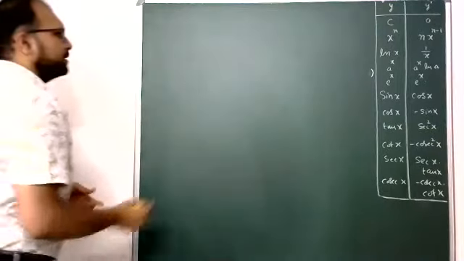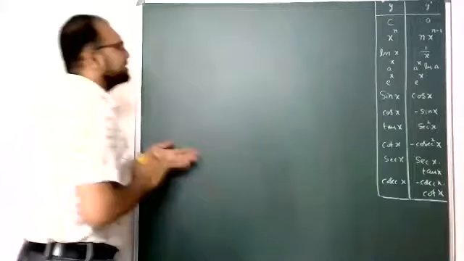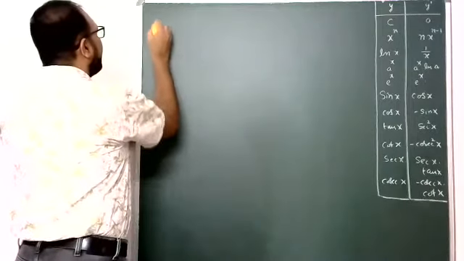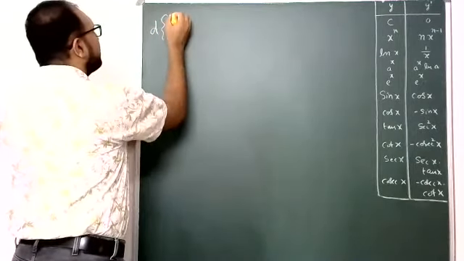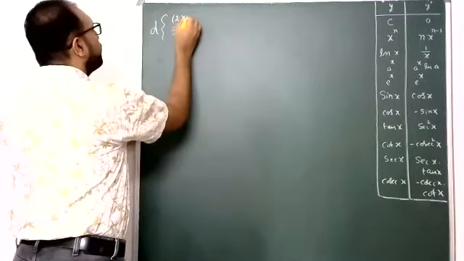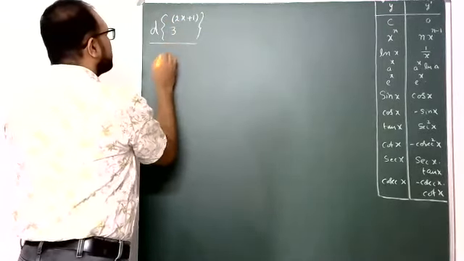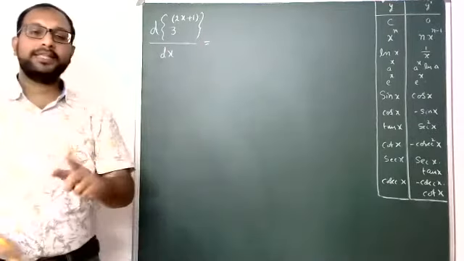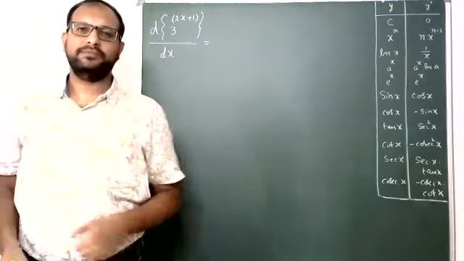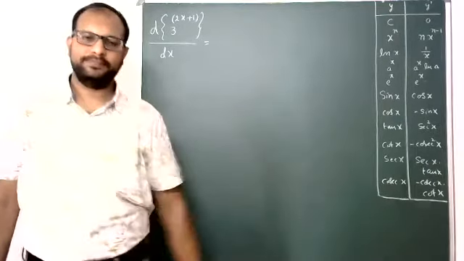Yes, so students, now a to the power of x also an example. Derivative of 3 to the power of 2x plus 1 with respect to x. Only 3 to the power of x means we know that is 3 to the power of x ln 3.